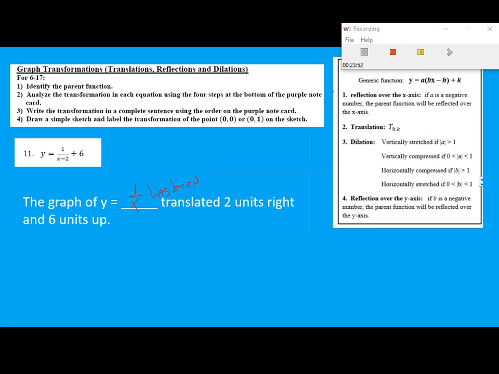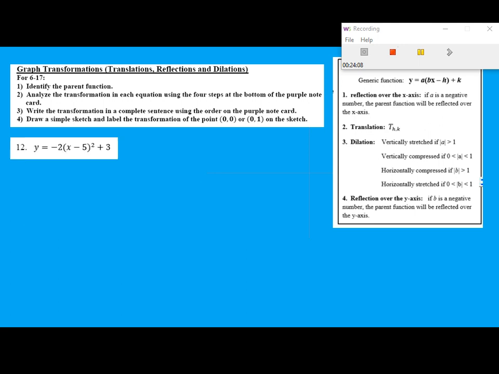Next one I'm going to do is number 12. So here goes. Ask yourself first if it's been reflected over the x-axis, and our parent graph, of course, is y equal x squared.